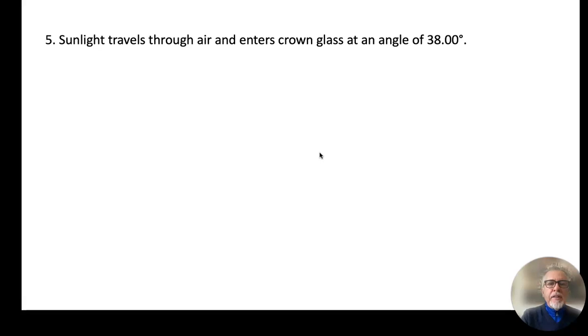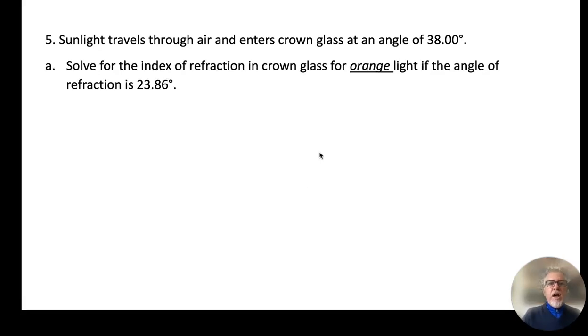So let's now take out your packet and do problem 5. And so here it is. Sunlight travels through air and enters crown glass at an angle of 38 degrees. Solve for the index of refraction in crown glass for orange light if the angle of refraction is 23.86.